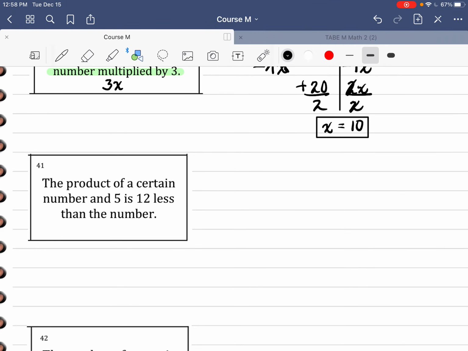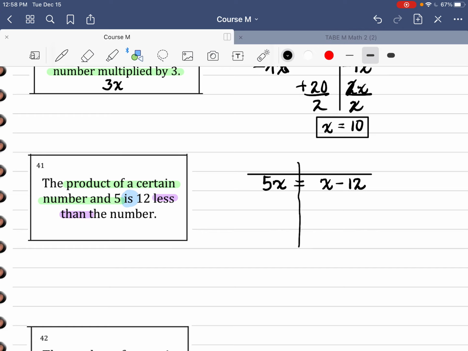Number 41. The product, multiply, of a certain number and 5 is 12 less than the number. So there's reversal in this one. We have the product of a number and 5, that's 5x, is 12 less than the number, x minus 12.